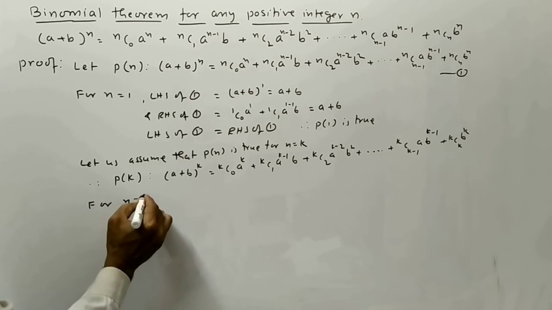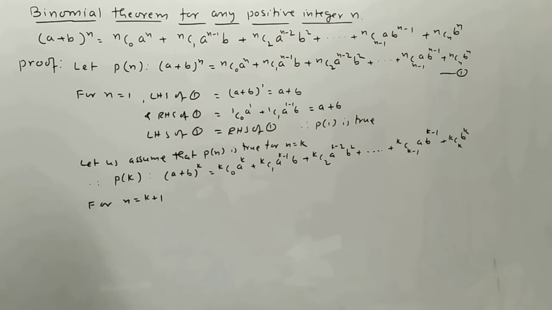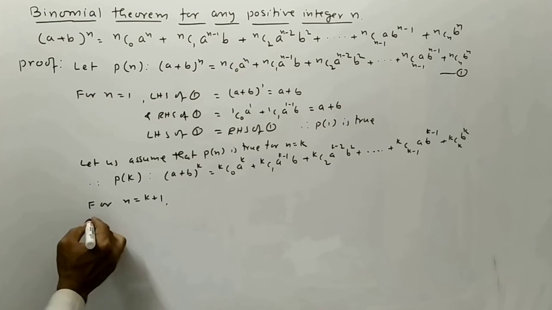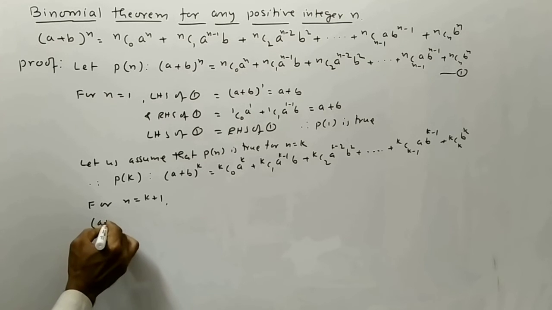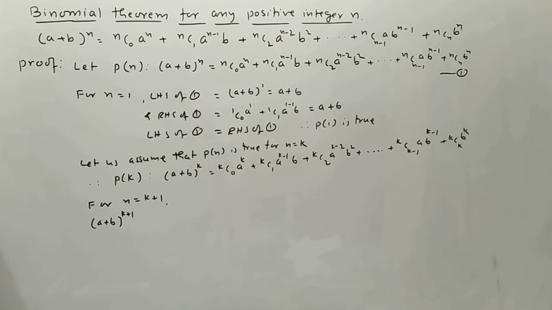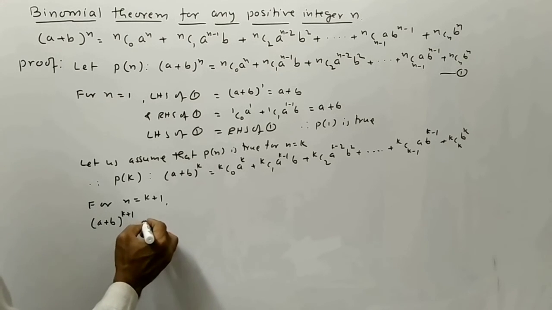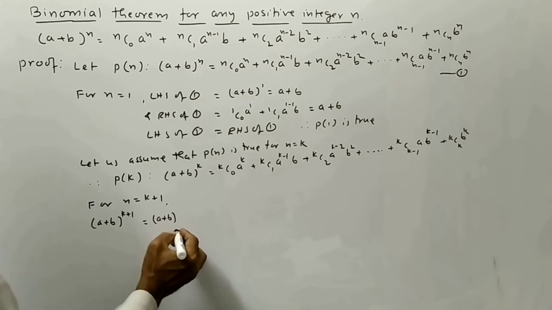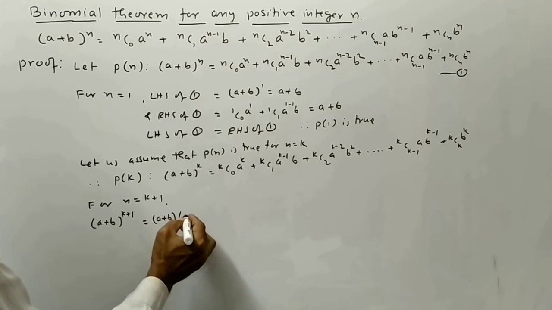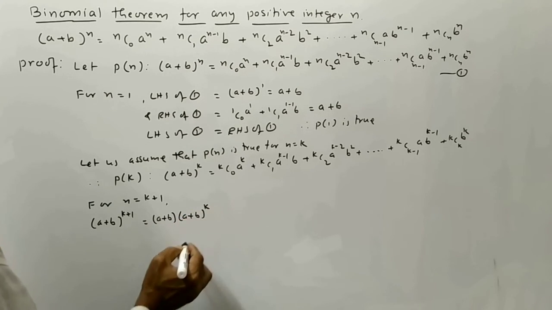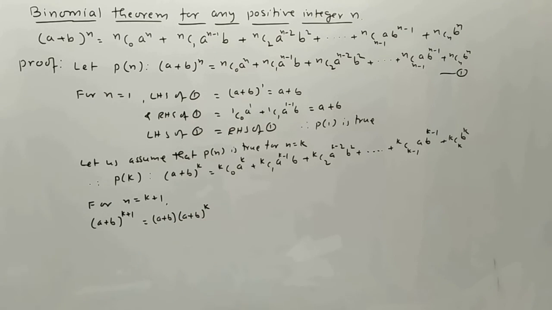For n is equal to k plus 1, (a plus b) whole raised to the power k plus 1 is equal to (a plus b) into (a plus b) whole raised to the power k, according to the laws of exponents.